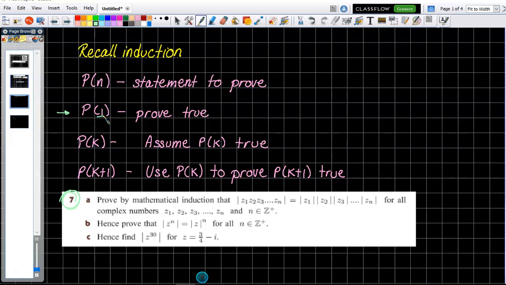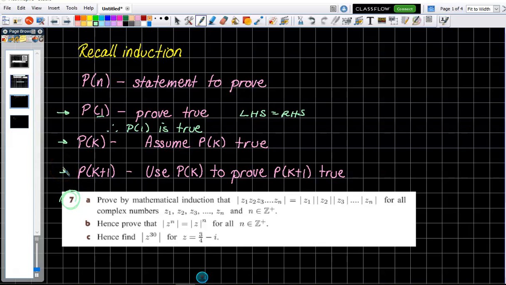So we write that, we prove it. We have to go left-hand side equals right-hand side, and you must actually write that statement. Therefore, P of 1 is true. Has to be there. Then we write our P of k, and we assume that it is true, correct?